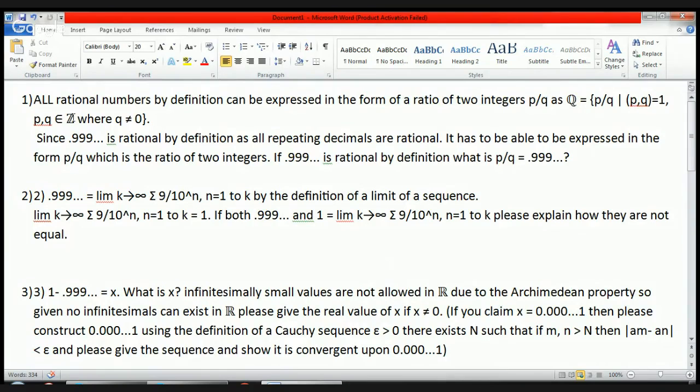These are elements of Z, which is our integers, where q is not 0, because you don't want division by 0, because that's bad. The universe will blow up.